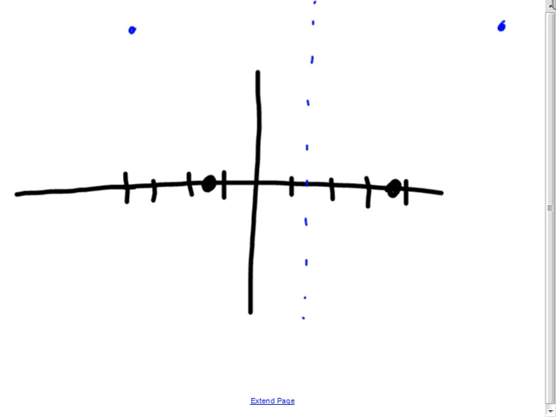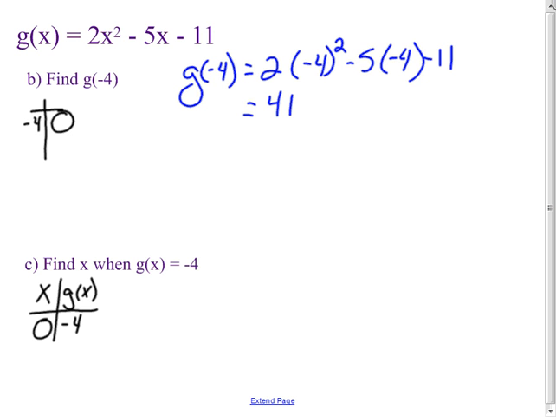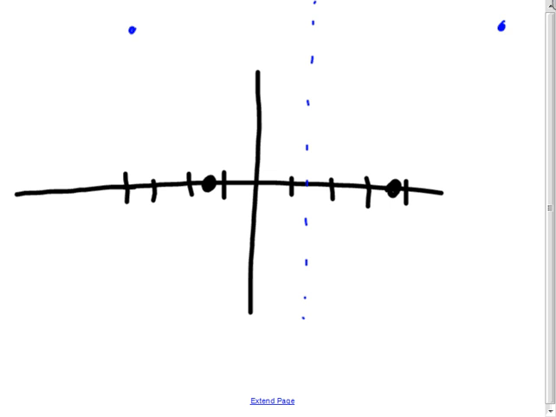So next I have to look at what x equals when g of x is -4. So now I'm looking at my y value being -4. Looking at this graphically, this value up here was 41, so we'll say this value here is -4.